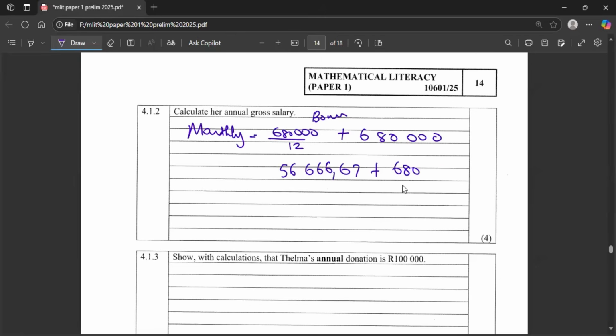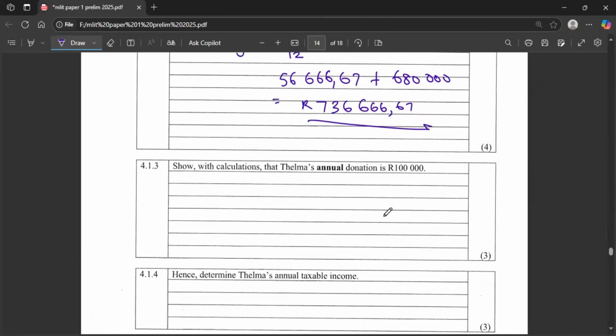And then the 680,000. When you plus the 680,000, we end up with 736,666,67 rands.